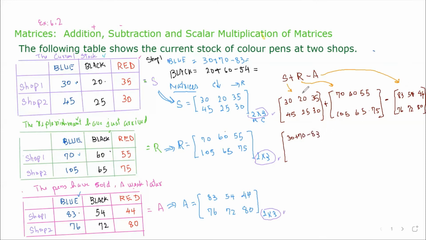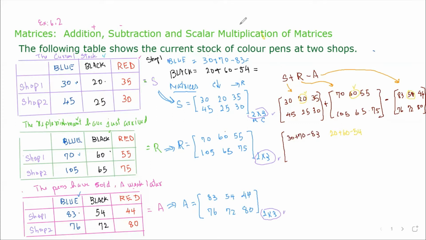And then the second one here, first row, second column, right? We call this first row, second column. So it becomes 20, this one, okay? I write down here. So you're gonna have 20 plus 60 minus 54.